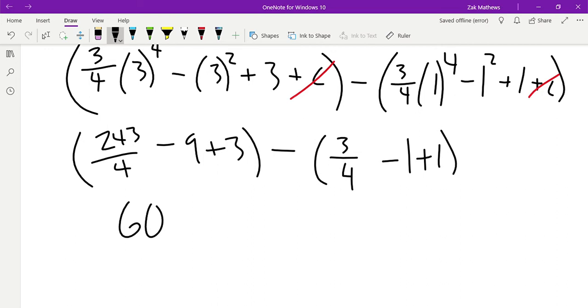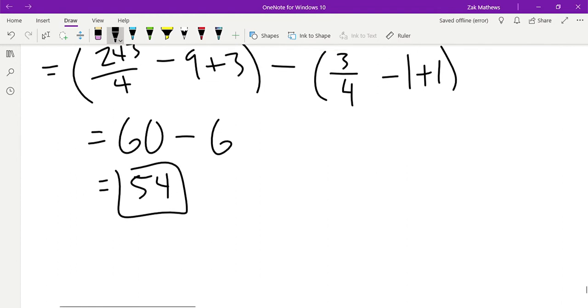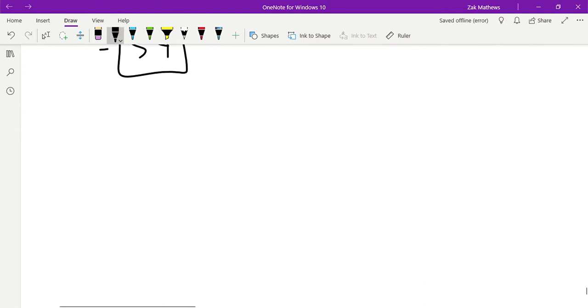So we'll have 60 minus 6, and then the ones back here would cancel out. Fully simplifying, 60 minus 6, we get 54. And that's my answer. Let's do a couple other examples, but they're all going to be equally as easy.